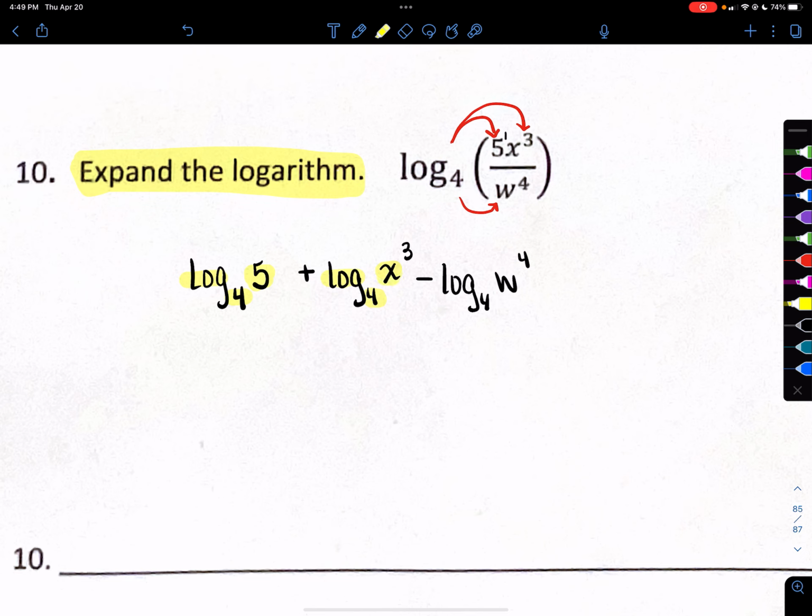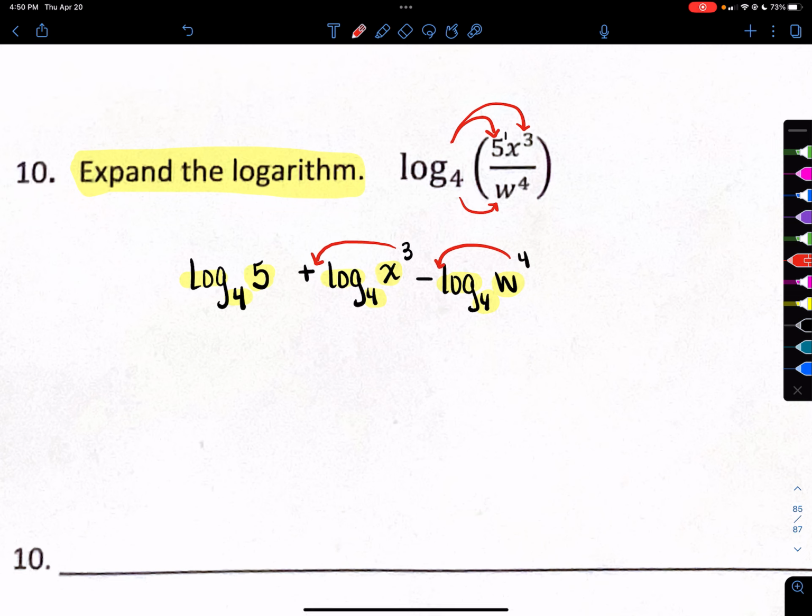All right, now on this one, log base argument, log base 4 of 5 plus log base 4 of x. That third up there is a power, so I'm going to have to do something with that. And then I have log base 4 of w, and that 4 there is a power, so I'm going to have to do something with that. This is where we use the power rule. 3 is going to be replaced right here in front of the log. 4 is going to be rewritten in front of its log.